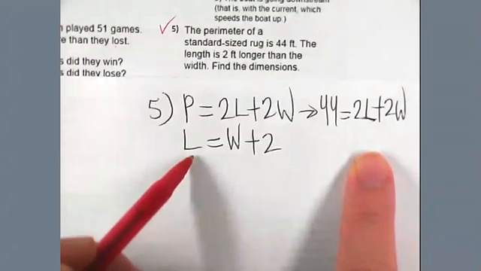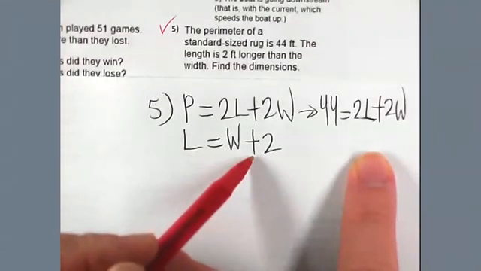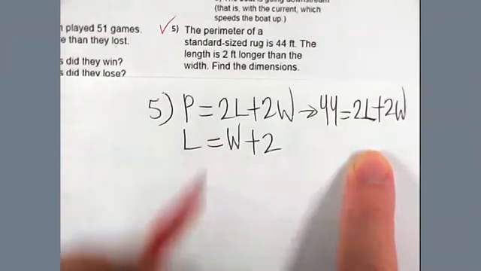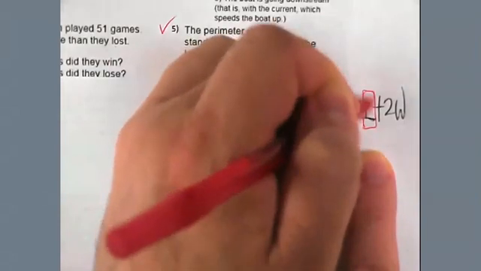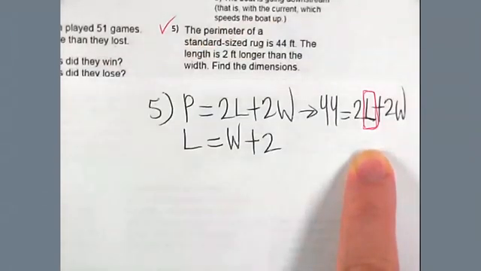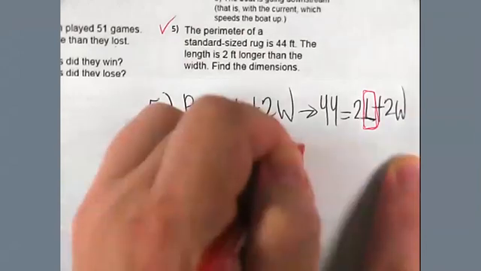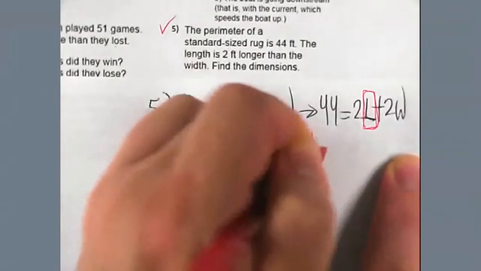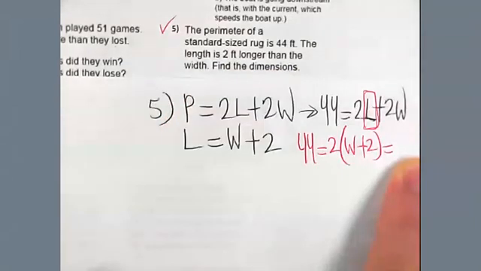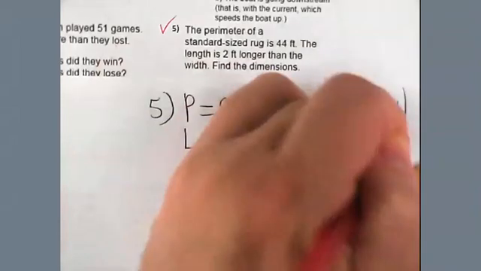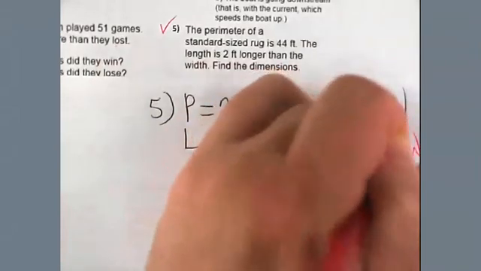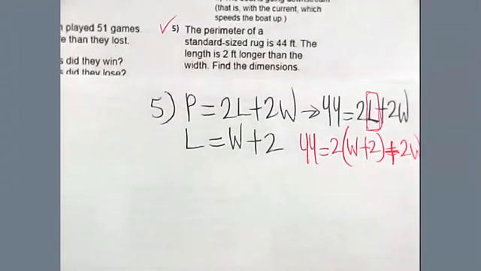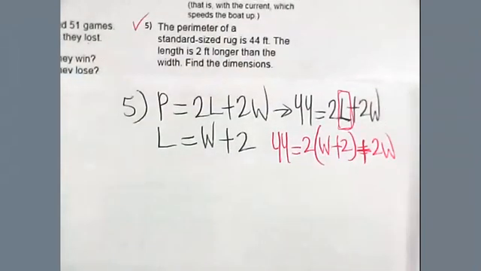All we do with substitution is take W plus 2 and plug it into the first L in your first equation. So we have 44 equal to 2 times W plus 2, plus 2W at the end. And we're solving this equation for the width.